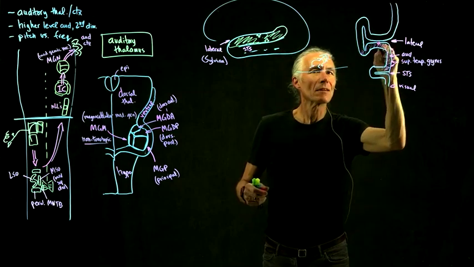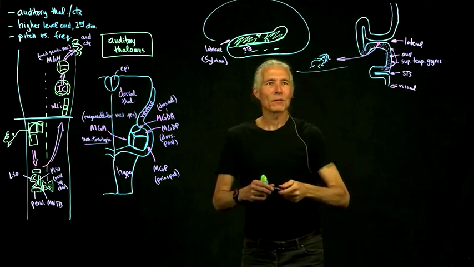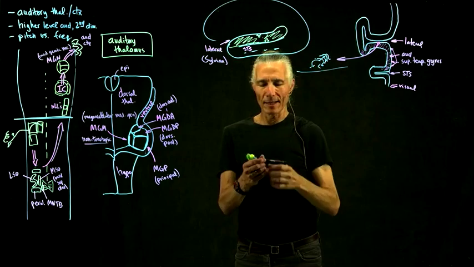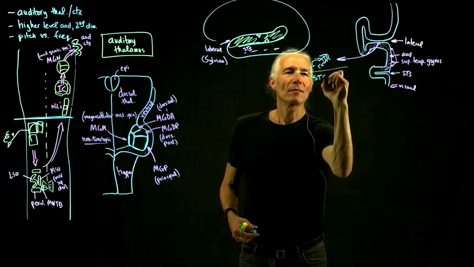This thing here corresponds to that. If you keep going in, you'll get into the insula, but this is before you get into the insula. So here's the superior temporal gyrus right here.